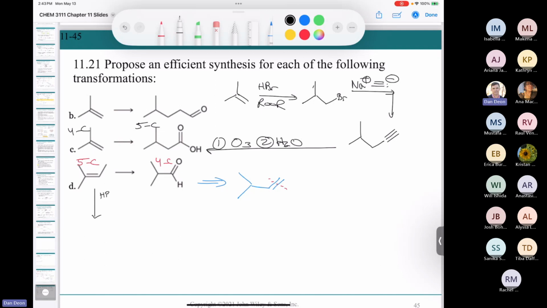I'm going to use HBr and peroxides, and that's going to put my bromine right here. And then I can use a hindered base like potassium tert-butoxide to give me the alkene. Once I've got the alkene, I can just do an ozonolysis on that. So step 1 is going to be ozone. Step 2 is going to be DMS. And I'm going to end up with the aldehyde like that.